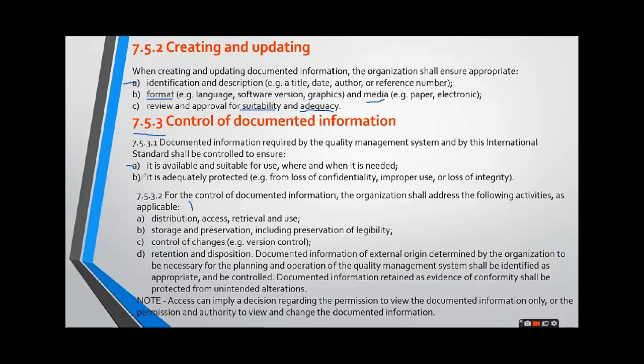So let's start with part A. The availability and suitability is part A, where you will ensure that the documents are accessible and appropriate for the intended use at the right time and place. That's all. If we move to part B, protection. The protection is to safeguard the documents from unauthorized access, misuse, or alteration.